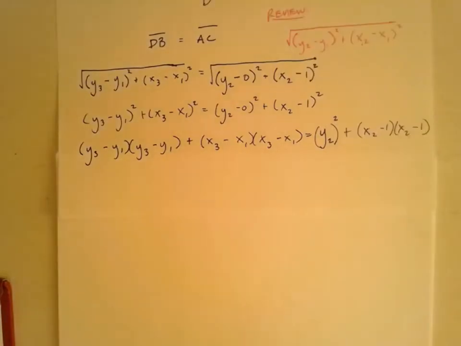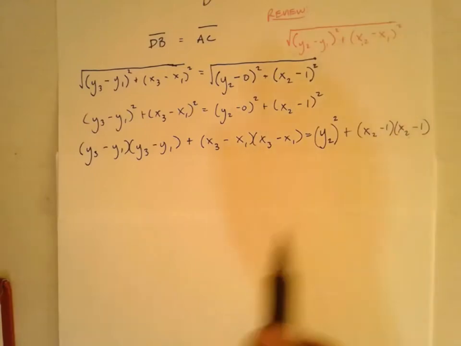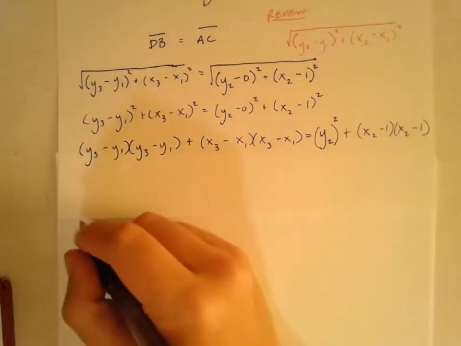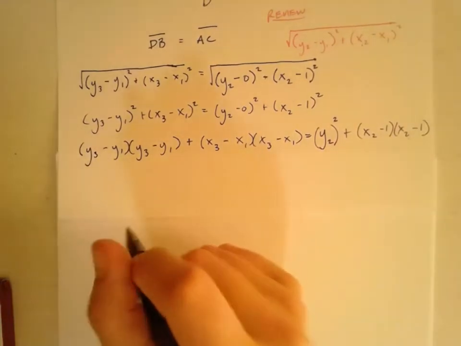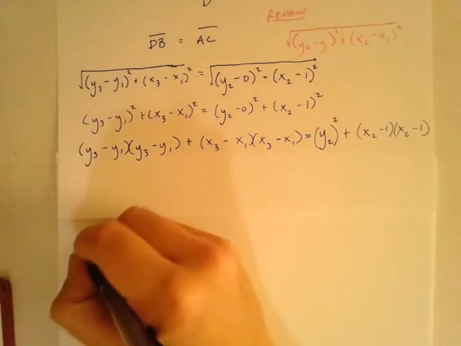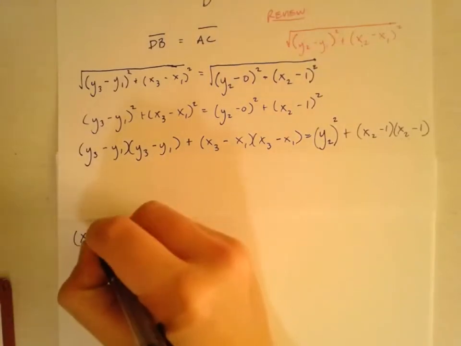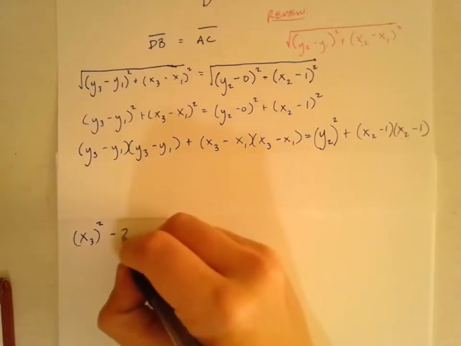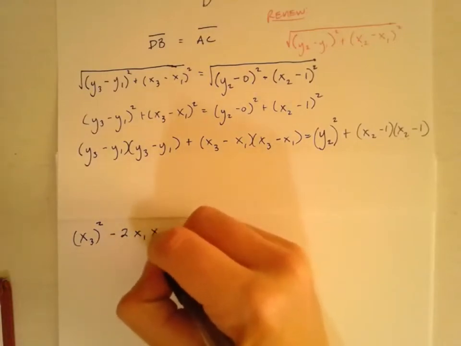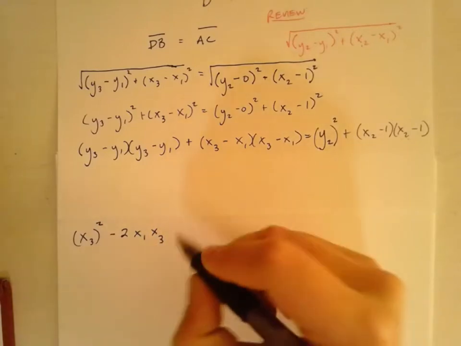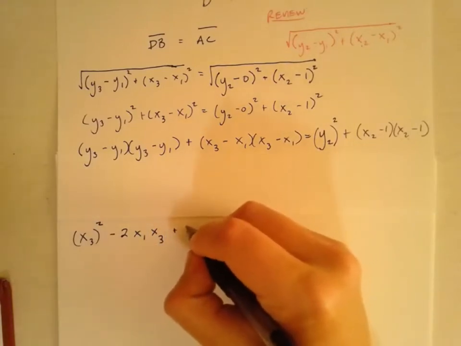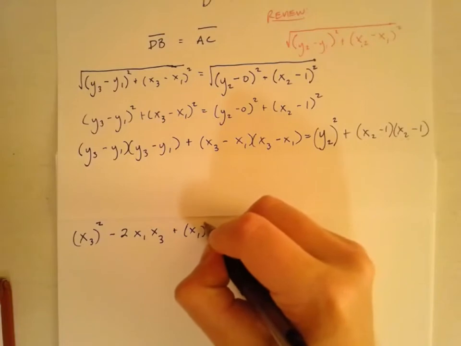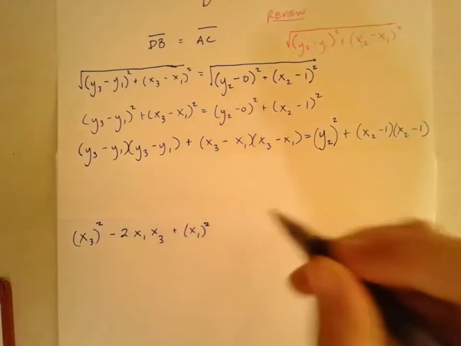Alright, so what we can write out then for all of our terms is the following thing. On the left side of the equation, I'm going to get x sub 3 squared minus 2 x sub 1 x sub 3 plus x sub 1 squared.